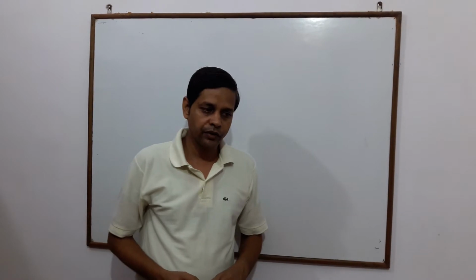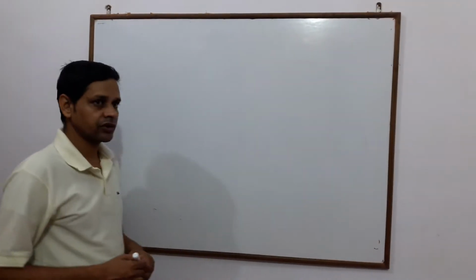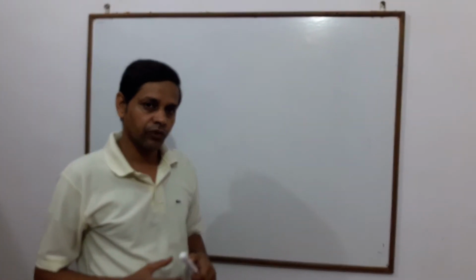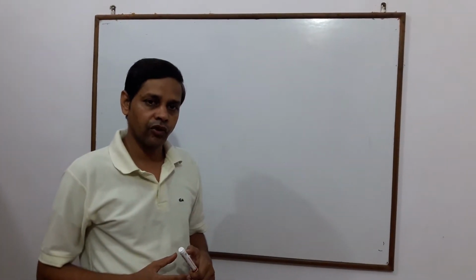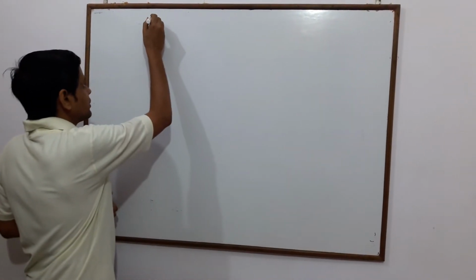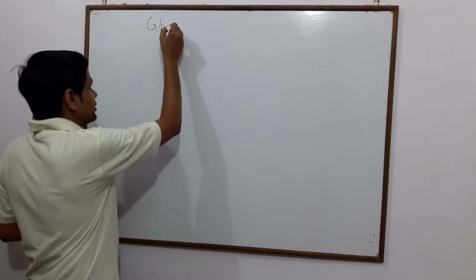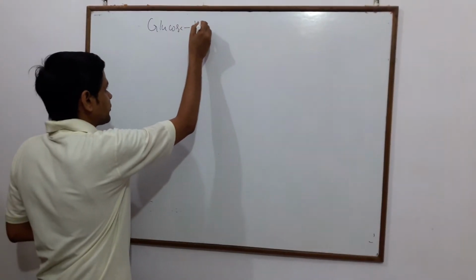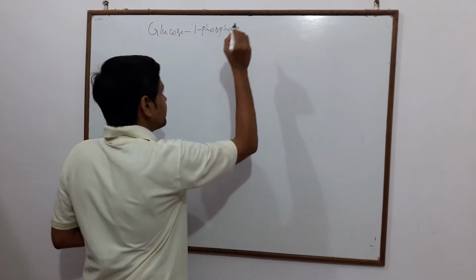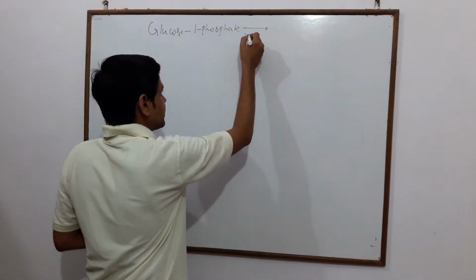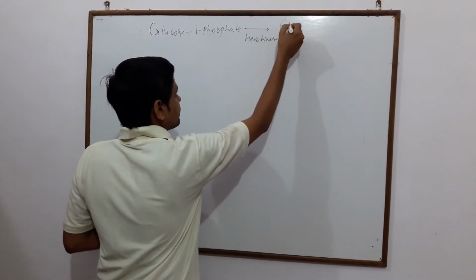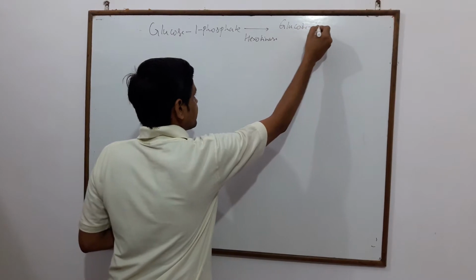Glucose 6-phosphate, as you know, is formed from glucose 1-phosphate in the presence of hexokinase, and it ultimately forms glucose 6-phosphate.